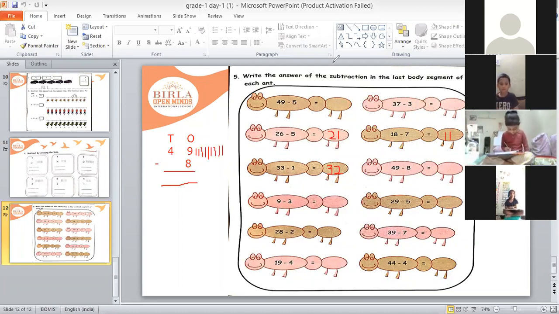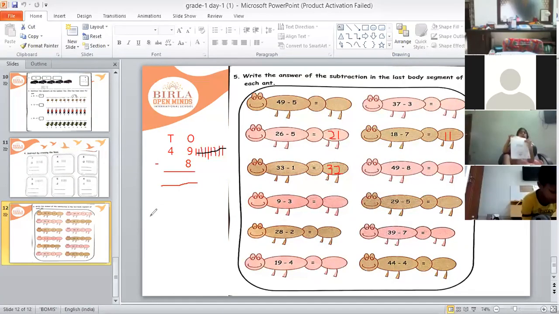So we have drawn here 9 lines and we'll count and cut 8 lines because in front of minus sign number is 8. So 1, 2, 3, 4, 5, 6, 7 and 8. Right? So how many lines are left now? Janvi, how many lines are left now? 1.